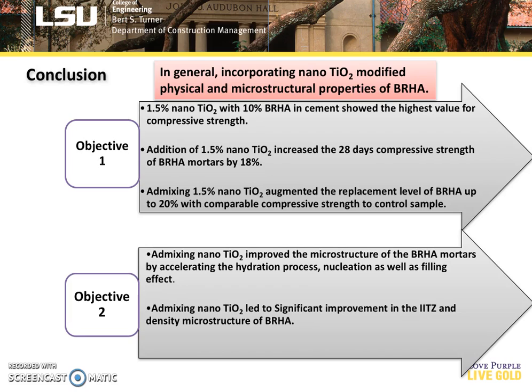Also, the interfacial transition zone or ITZ and density microstructure of black rice husk ash was improved significantly in the presence of nanotitanium, which these two improvements meet the second objective.